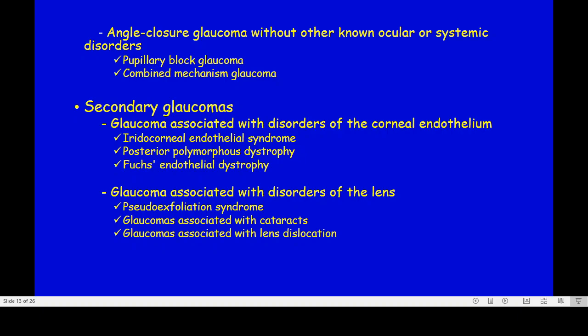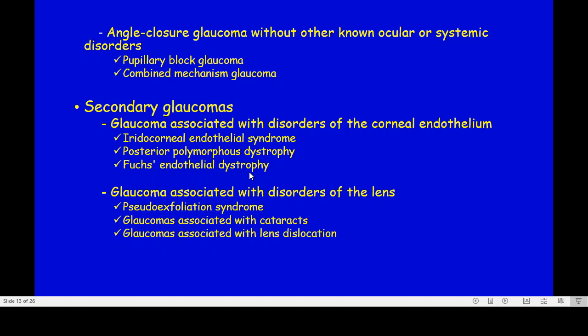Then there are secondary glaucomas. It is not primary because of the changes in the trabecular meshwork or the closure of the angle, but it is secondary to some other cause. So there are different types. It may be because of the disorders of the corneal endothelium, where you can have iridocorneal endothelial syndrome, PPD, that is posterior polymorphous dystrophy, Fuchs endothelial dystrophy.